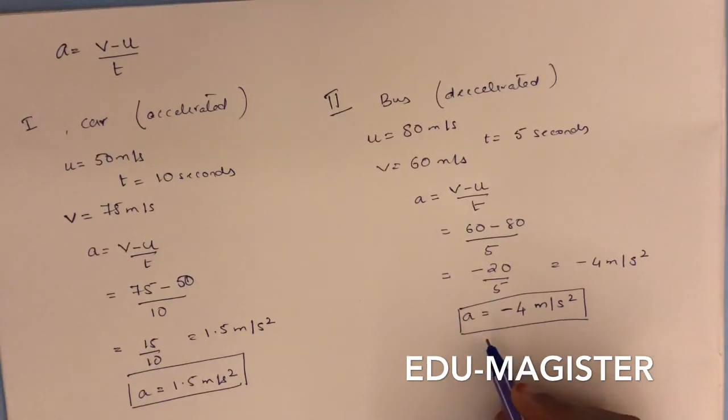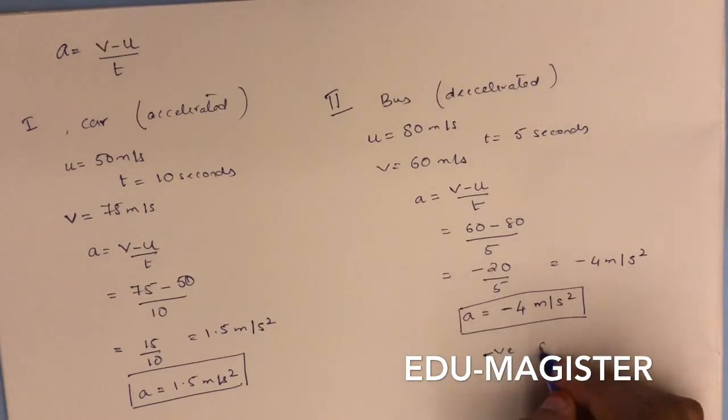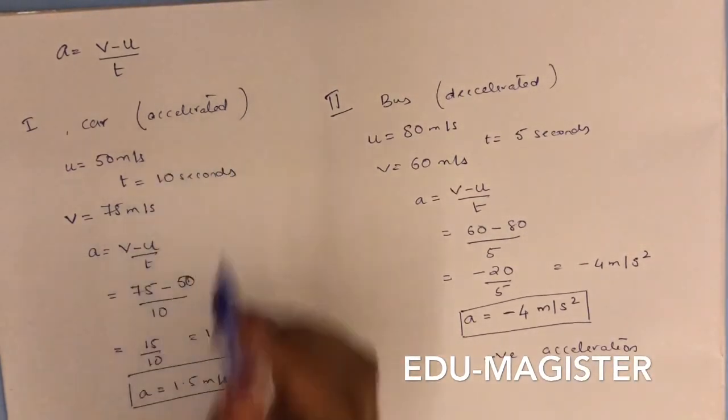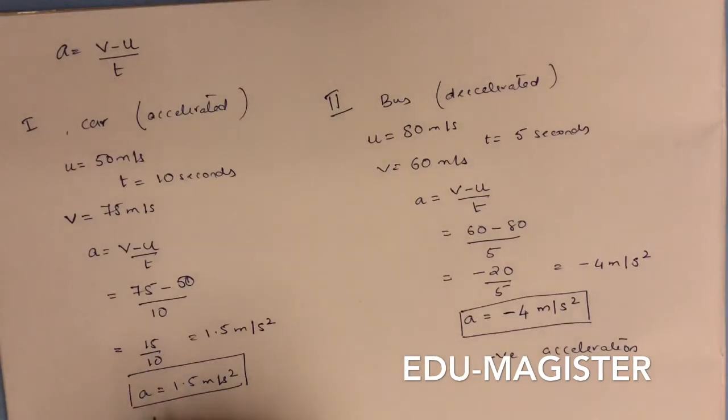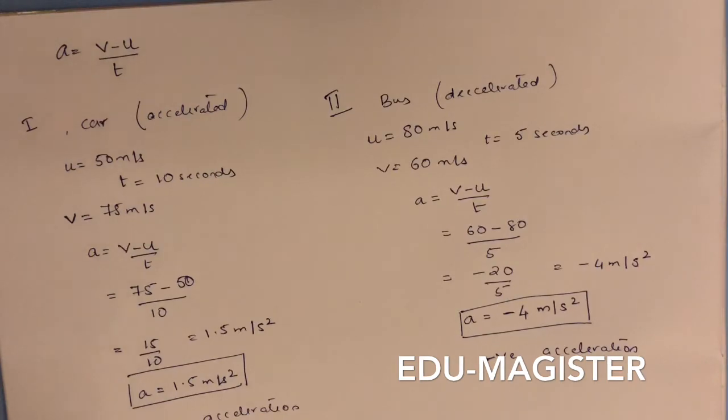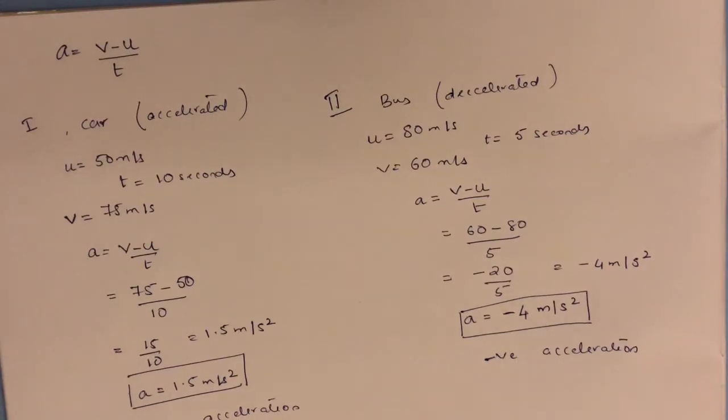So in the case of the bus, or in the case of deceleration, we will have negative acceleration, whereas in the case of acceleration, that is an increase in speed, we will have positive acceleration. I hope you got the concept of negative acceleration and positive acceleration. Now in the next video, we shall do a few problems related to this topic.